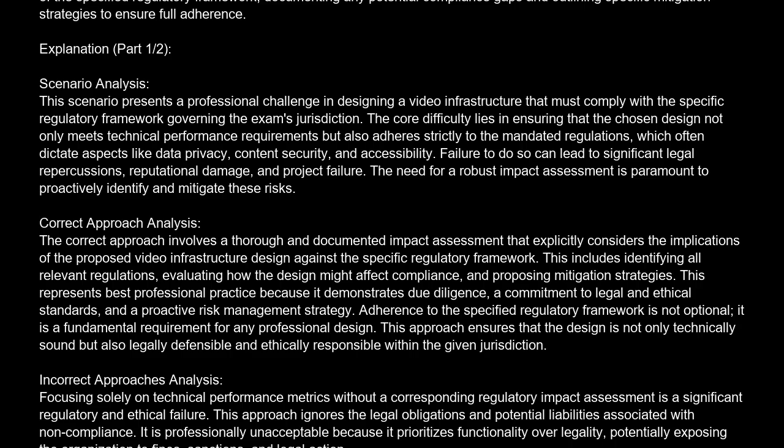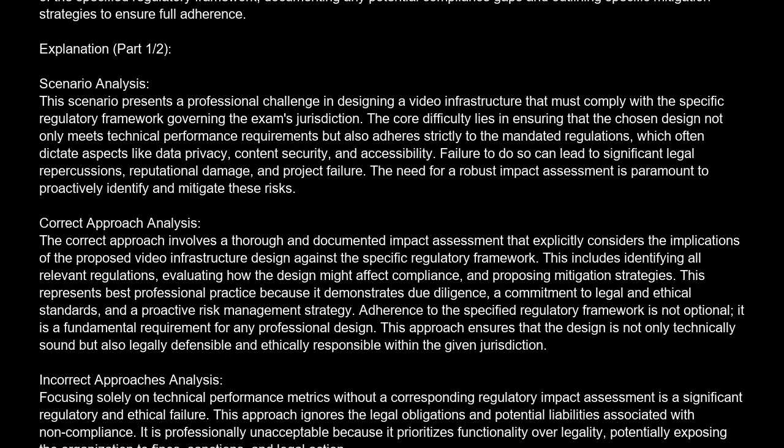Correct approach analysis. The correct approach involves a thorough and documented impact assessment that explicitly considers the implications of the proposed video infrastructure design against the specific regulatory framework. This includes identifying all relevant regulations, evaluating how the design might affect compliance, and proposing mitigation strategies.